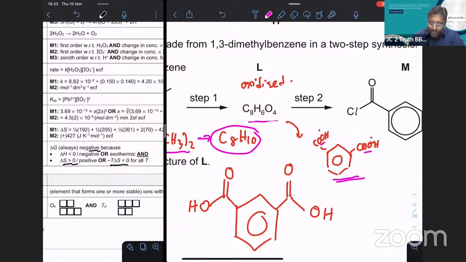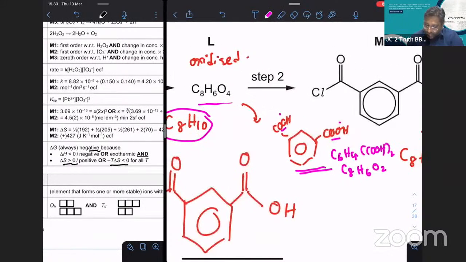When I count, I get C6, H4, and then two COOH. When I count, C8, 2 carbons over here, H is going to be 2 here, 6, and then O4, 2 and 2, O4.